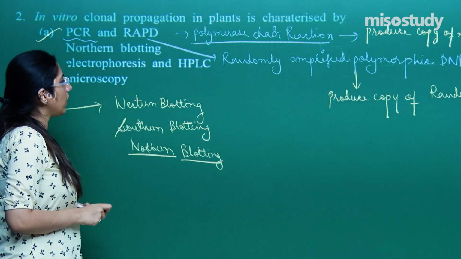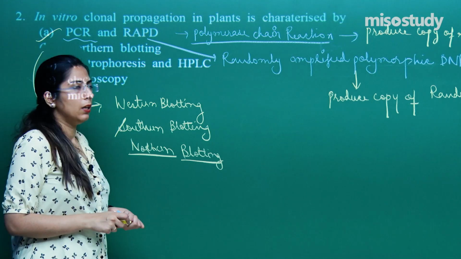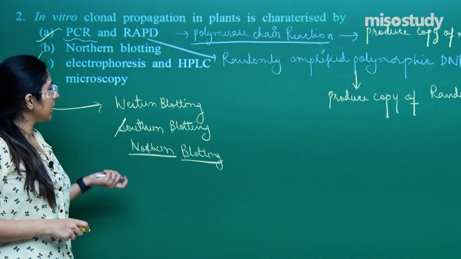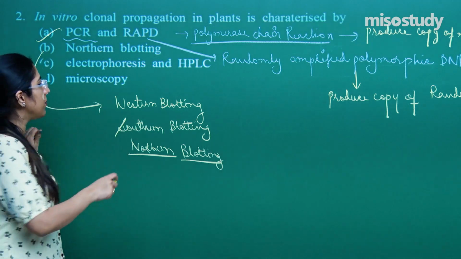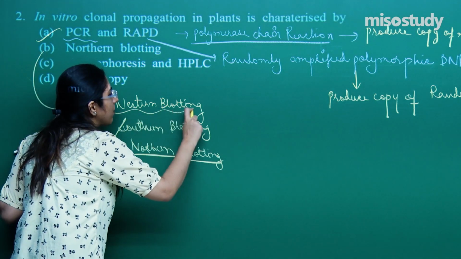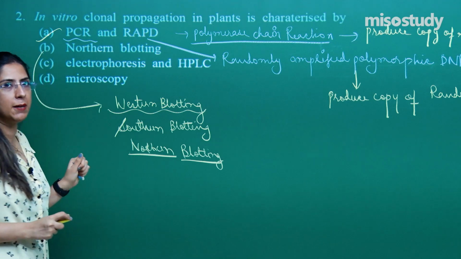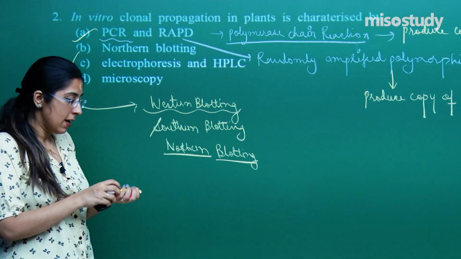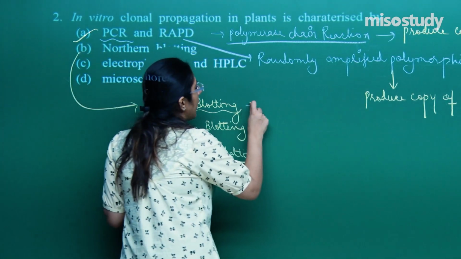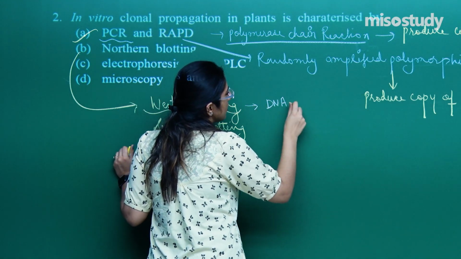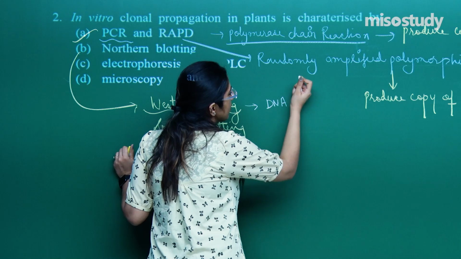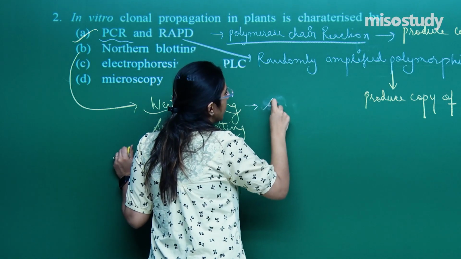There is a difference between all these types of blotting. As the name indicates, let us talk about western blotting first. Western blotting, that means we are separating fragments of DNA with the help of electrophoresis.